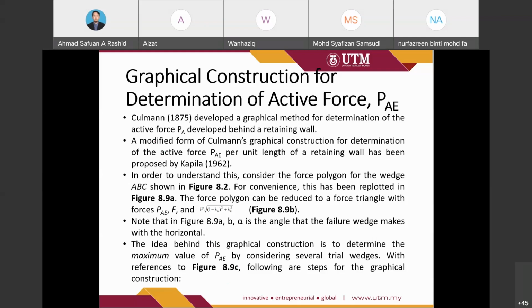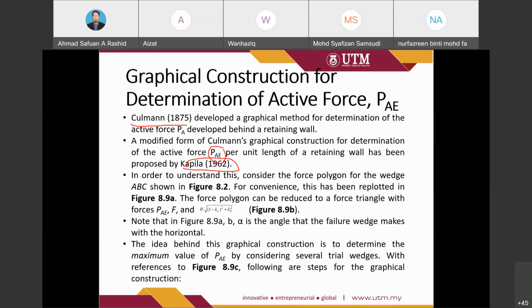So this person has improvised the Kuhlmann method. By using the Kuhlmann graphical method, he determined the PAE value.